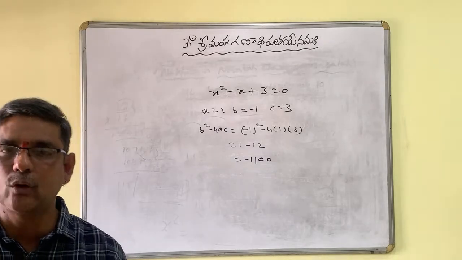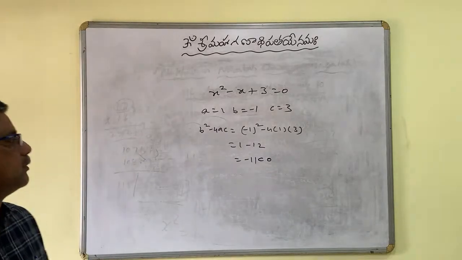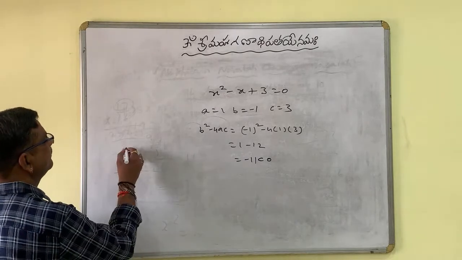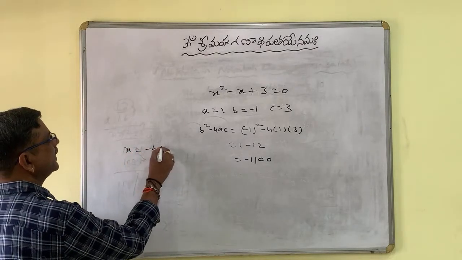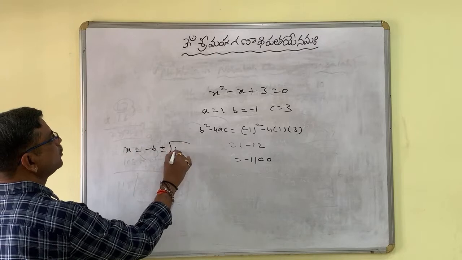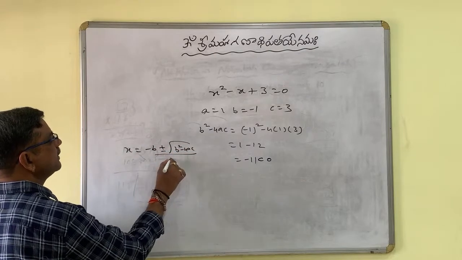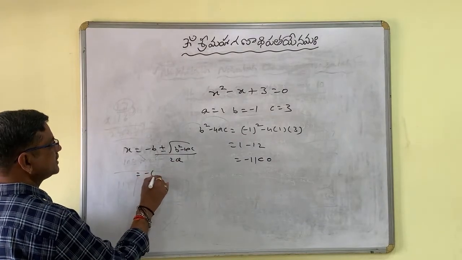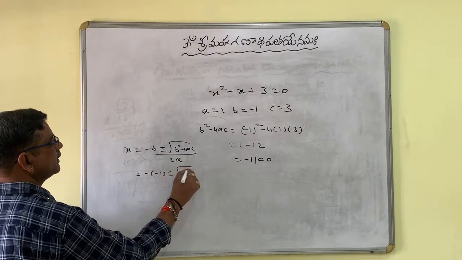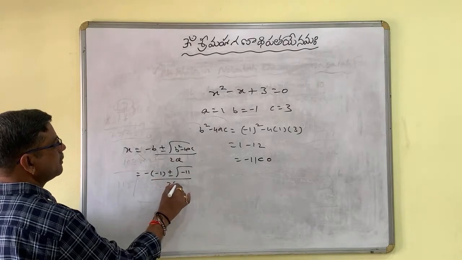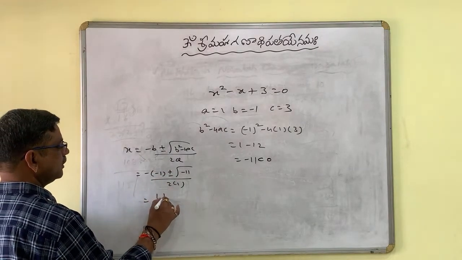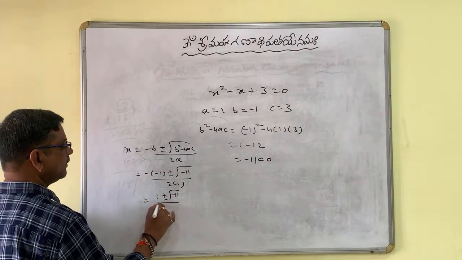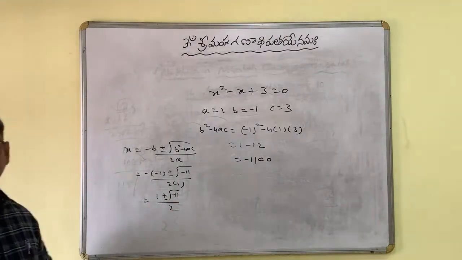కానీ వాడు find the roots అన్నాడు అనుకోండి, ఏం చేయాలి మీరు? ఎంతవరకు చేయాలి? x is equal to minus b plus or minus root over b square minus 4ac by 2a కదా, minus of minus 1 plus or minus root over negative 11 by 2 into 1. So 1 plus or minus root over negative 11 by 2. ఇలా వదిలేయటం.